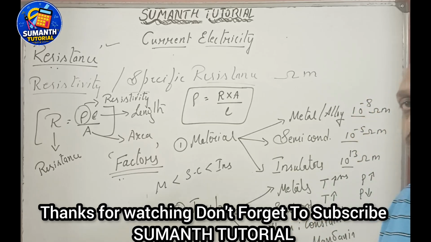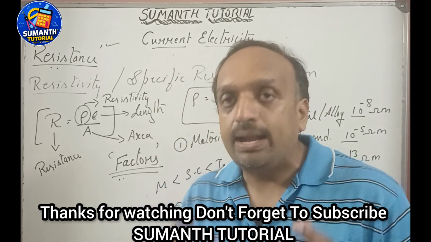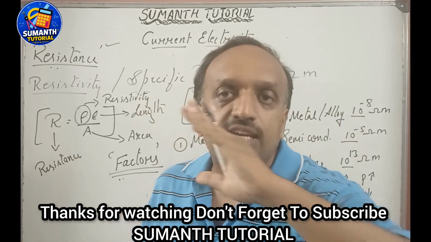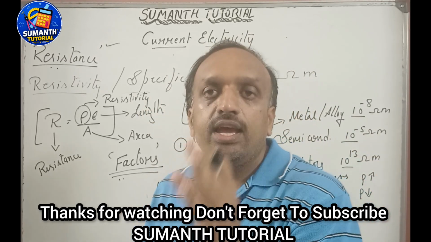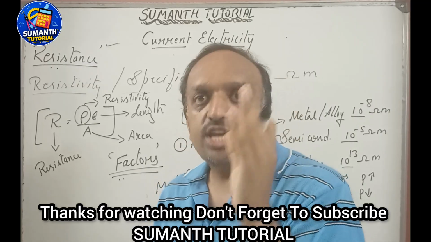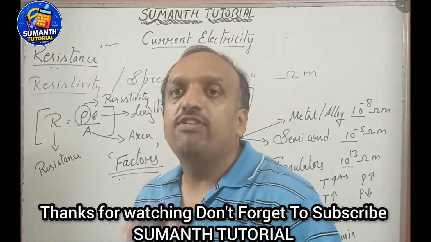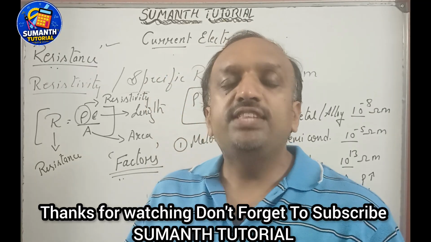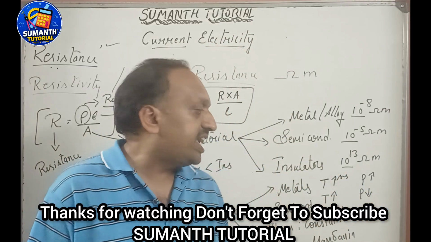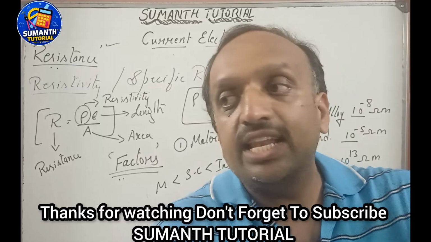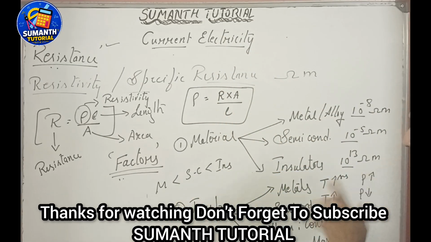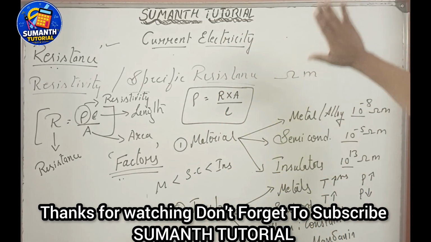For few alloys like Constantan and manganese, if there is a change in temperature, the resistivity remains constant. There is no change in the value of resistivity if there is a change in temperature in these alloys. Which are those two alloys? Constantan and manganese. This is the most important.